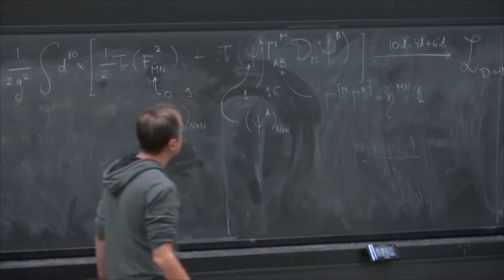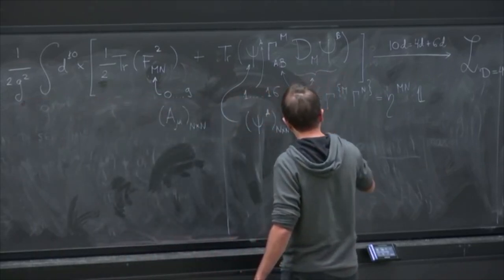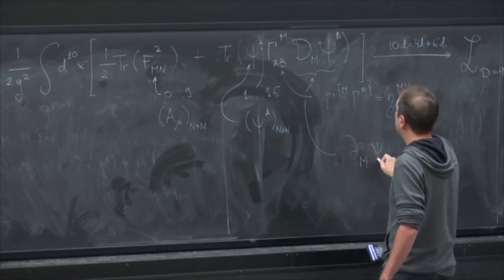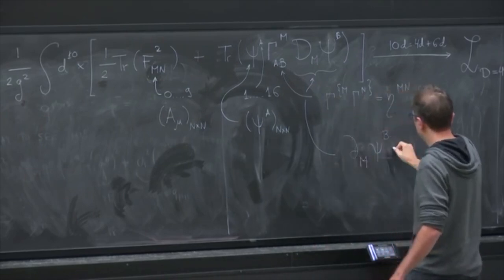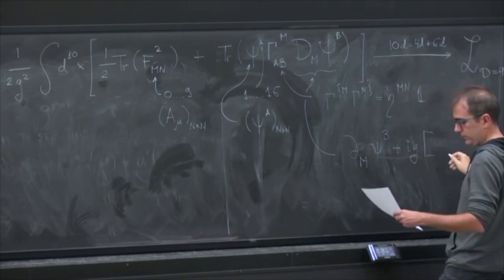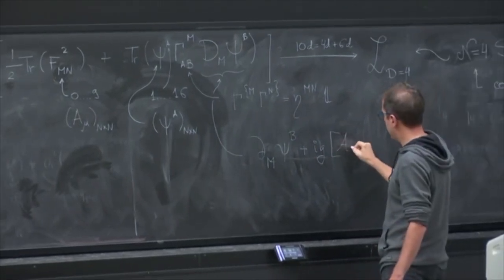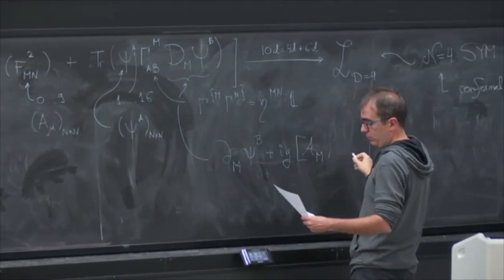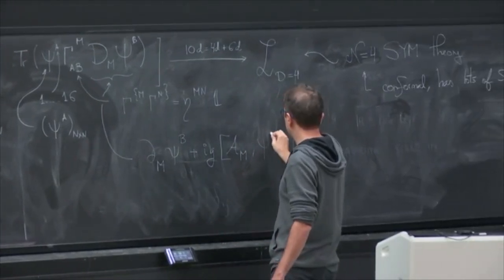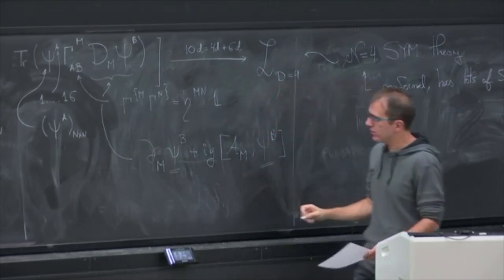And this derivative here is defined as the derivative with respect to M of psi plus i g times the commutator of A_M with psi. For any field, you just replace the field and put it here. That's how the covariant derivative acts.